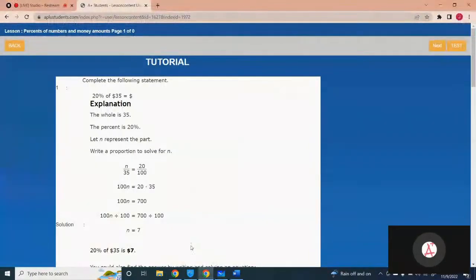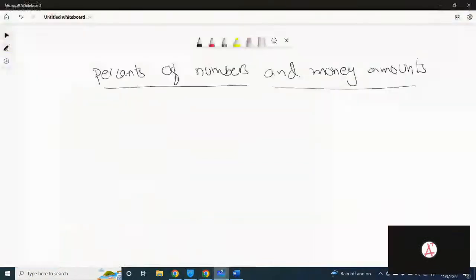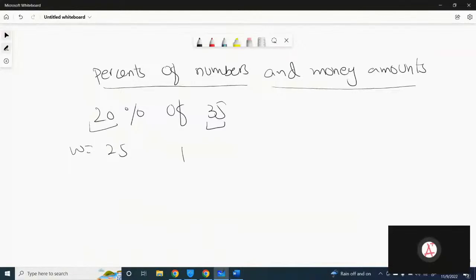Complete the following statement. 20% of 35 is... you have to calculate 20% of 35. Got it? The whole is 35, and the part is 20%. We have already done these questions in the last session actually.